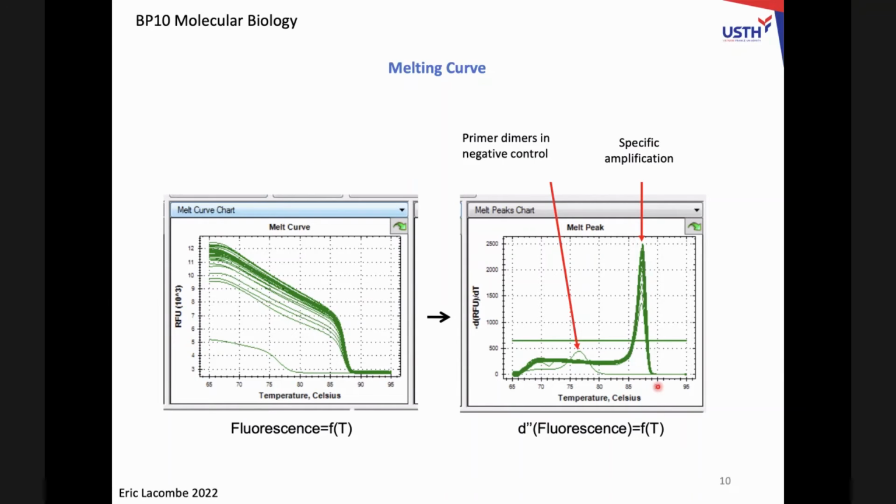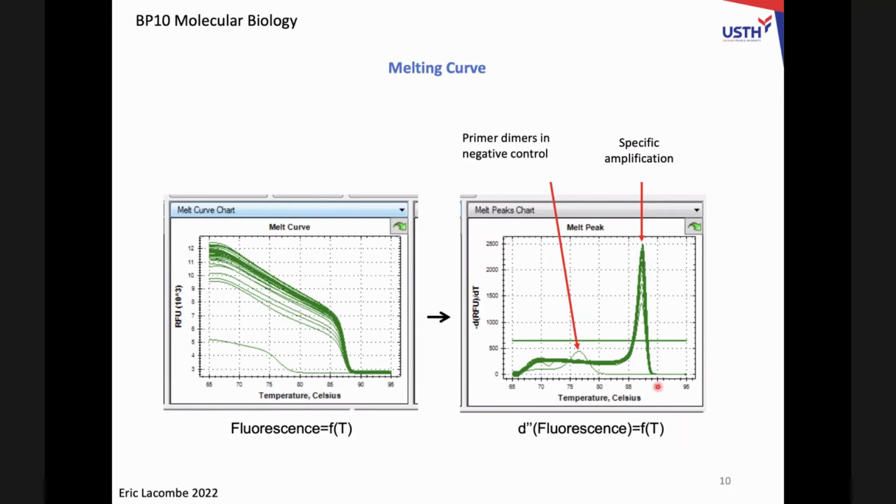So I explain why. When you are doing a qPCR reaction using CyberGreen, you have two specific primers that should bind specifically to your target. So at the end, you should have only one PCR product, one band.